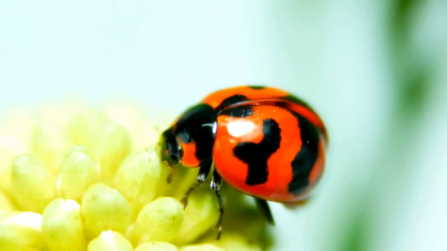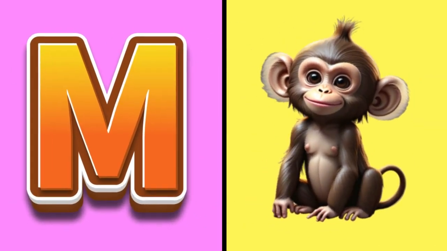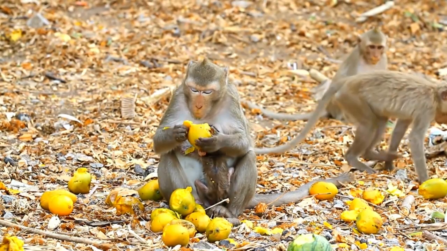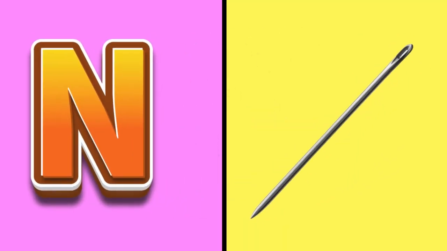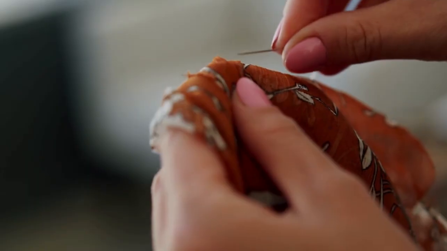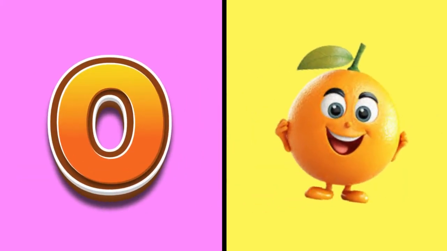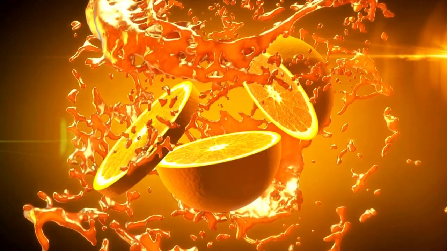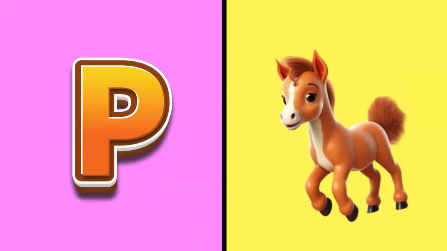M is for monkey. Monkey, monkey. N is for needle. Needle, needle. O is for orange. Orange, orange. P is for pony.